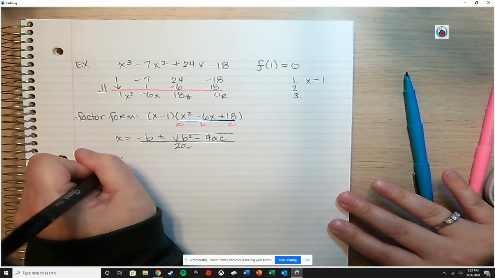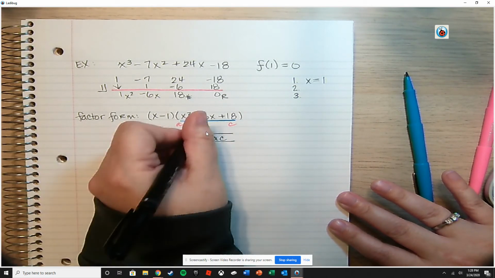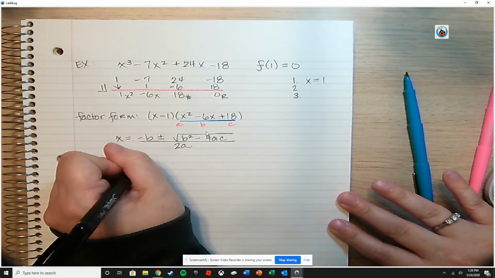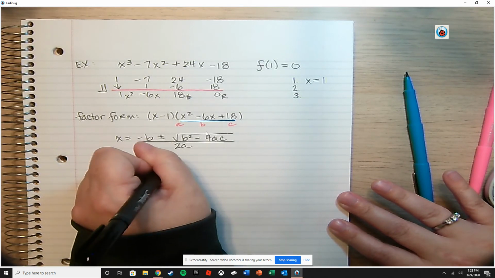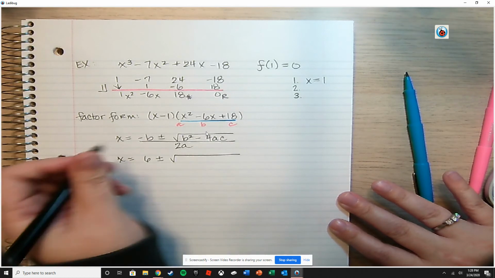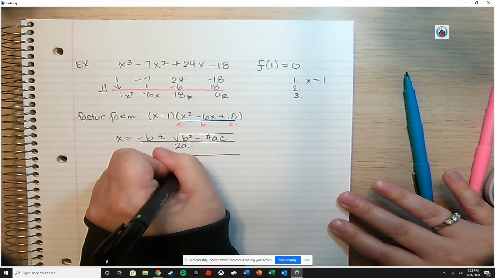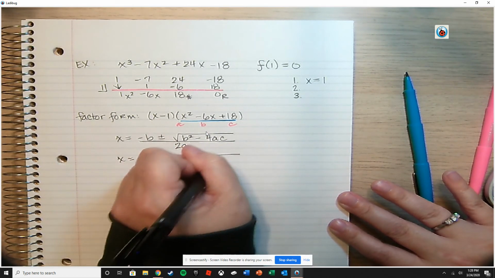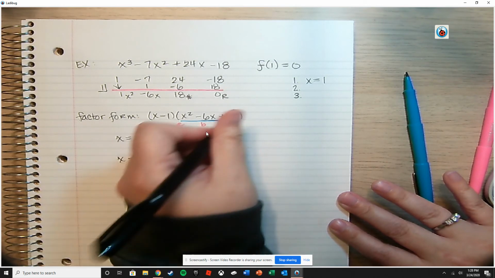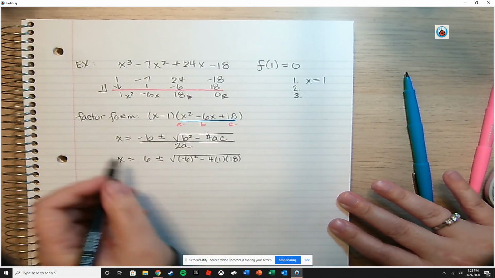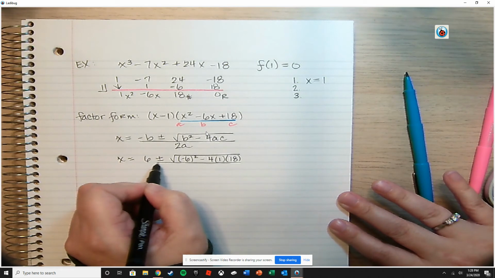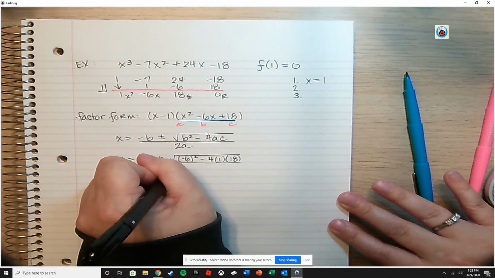So x equals the opposite of b, so -6, the opposite is 6, plus or minus the square root of -6 squared minus 4 times 1 times 18, all over 2 times 1.